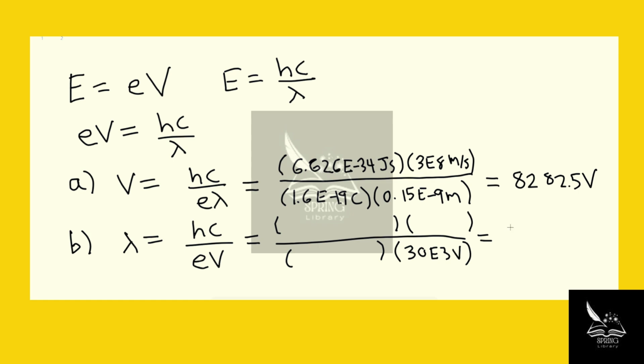And then for case B, if we have a V of 30 kilovolts, we can expect, in the best possible case, to obtain wavelengths of 4.14 e to the negative 11 meters for lambda. So these are the results for A and B respectively.